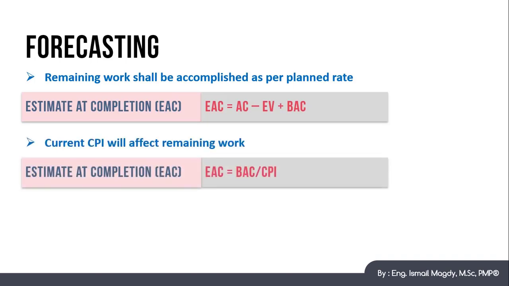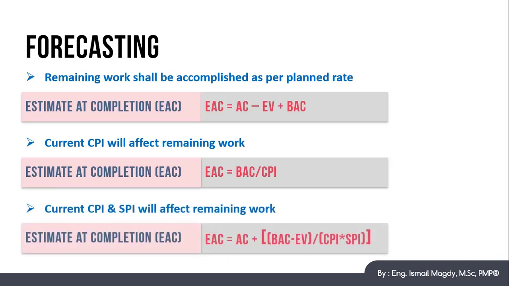Second condition, if the current CPI will affect the remaining work, so the estimate at completion is going to equal the budget at completion over the CPI. And finally, if both CPI and SPI will affect the remaining work, so the estimate at completion is going to equal the actual cost plus the following: budget at completion minus earned value over CPI multiplied by SPI.